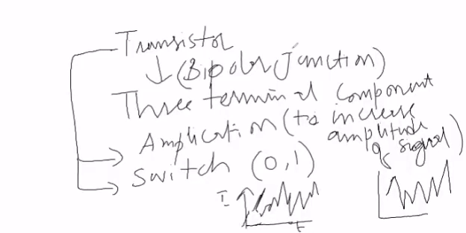There is also another type, that is MOSFET, but we will only discuss this bipolar junction transistor. Bipolar means, bi means two polarity charge carriers, meaning this transistor has two kinds of charge carriers, positively charged carriers and negatively charged carriers. Therefore its name is bipolar junction transistor.